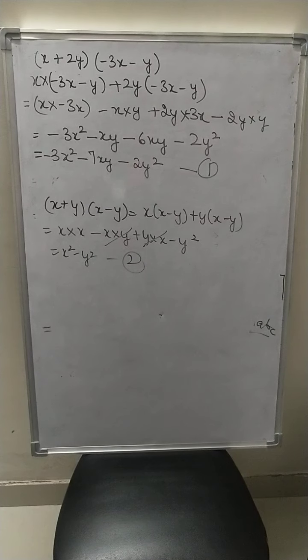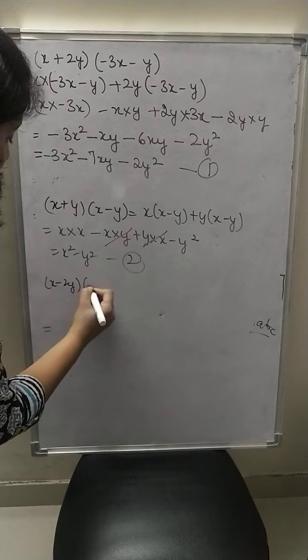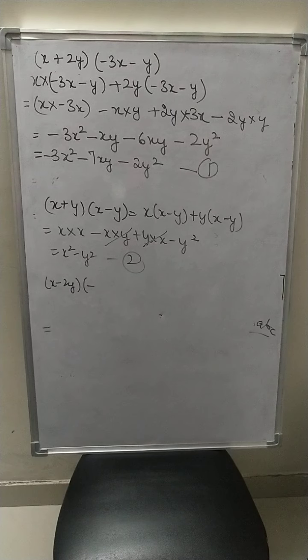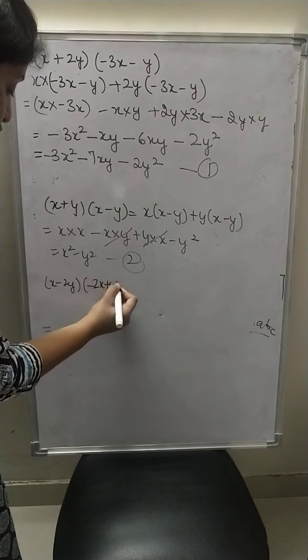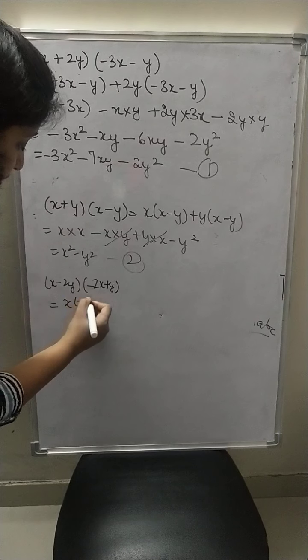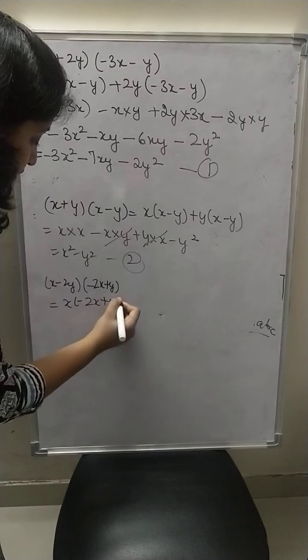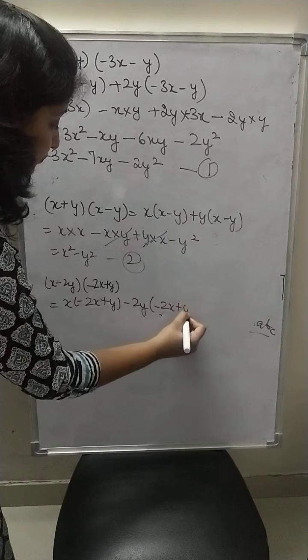Now moving on to the third equation, that is x minus 2y and minus 2x plus y. So what do I get from here? That is x into minus 2x plus y minus 2y into minus 2x plus y.